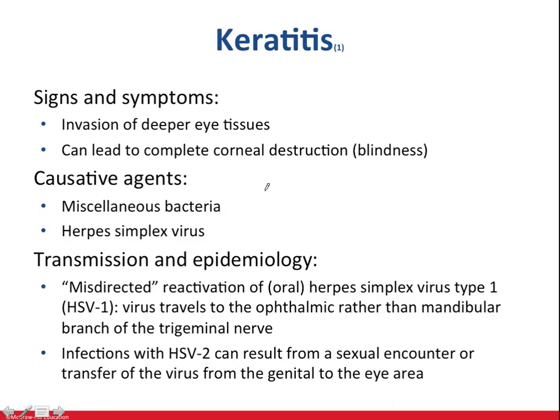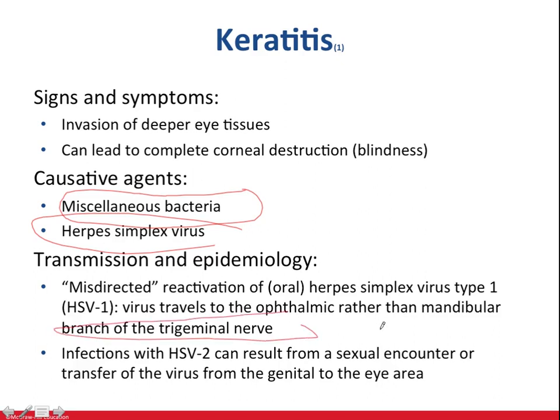Certain bacteria can cause it, however, the most important one is herpes. The herpes simplex virus type 1 can travel to the eye through the trigeminal nerve. If a patient has herpes, the virus can get into the eye through the trigeminal nerve.